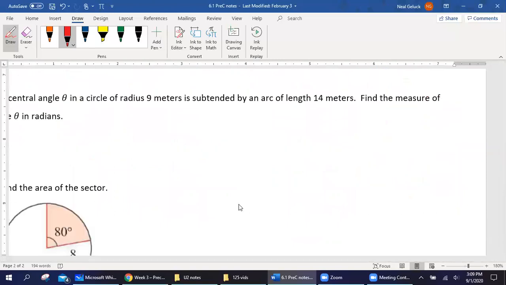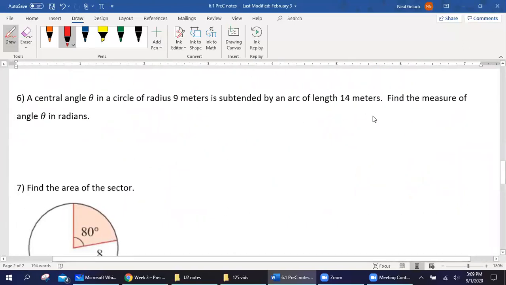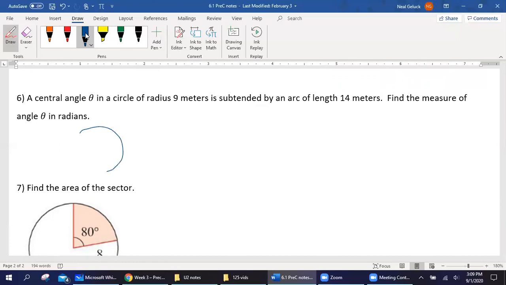For the next one, now we have a backwards problem. So we have a central angle of theta. I have some circle, and this angle might be way too small.